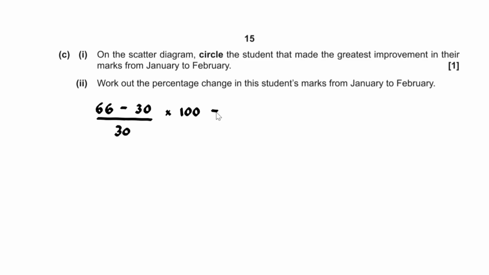So if we work out what this is equal to, we have 36 over 30 times 100, and this we can simplify to 6/5. 6/5 times 100.